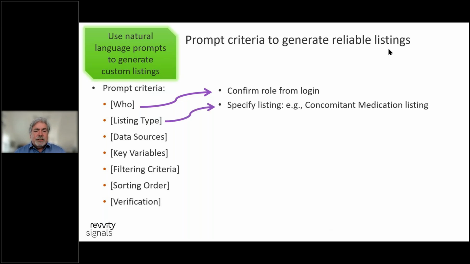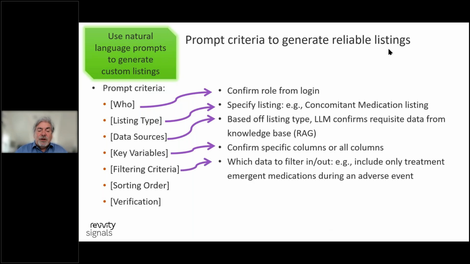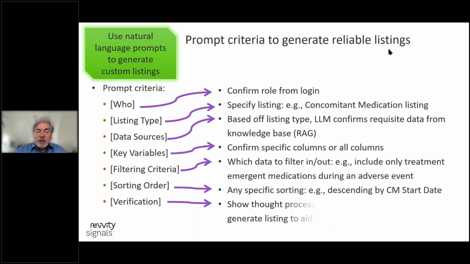Your prompt also needs to specify the listing you want to ask for. Give me a concomitant medication listing. Data sources can be based off the listing type if our AI is allowed to know something about your client data in terms of the data structures and which data sources are automatically feeding your particular listing requirements. Key variables, you can specify those in your prompt, filtering criteria, sorting order.